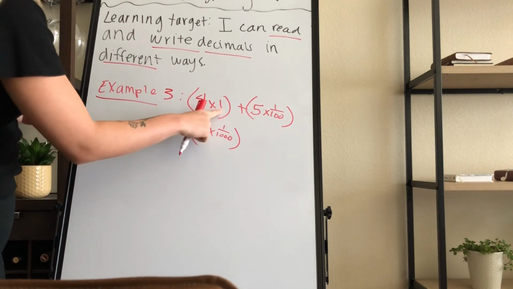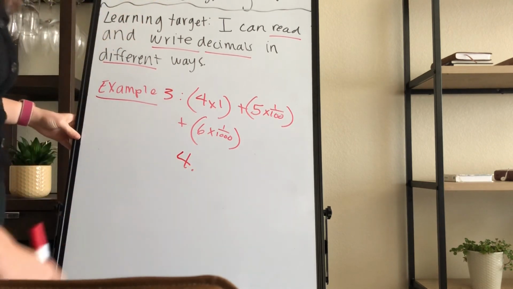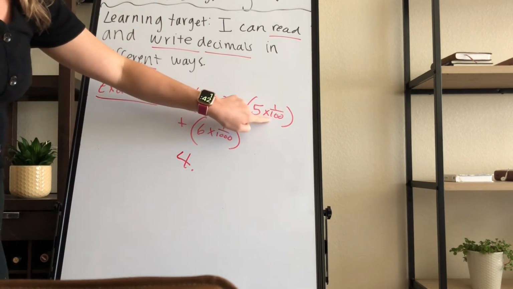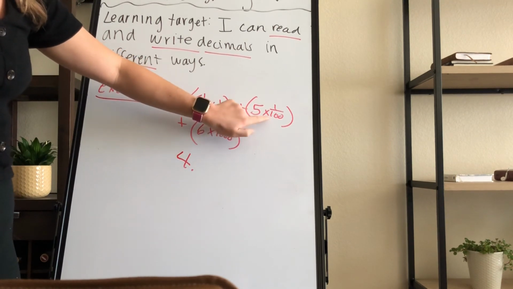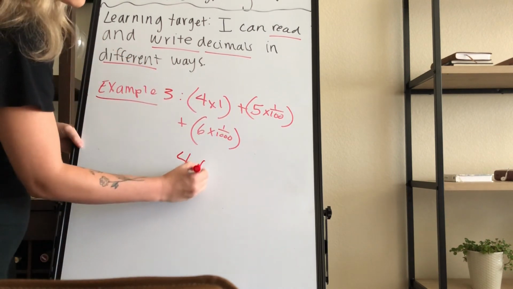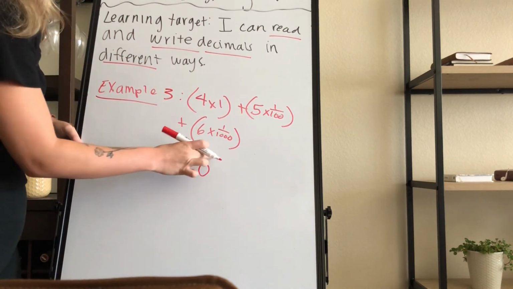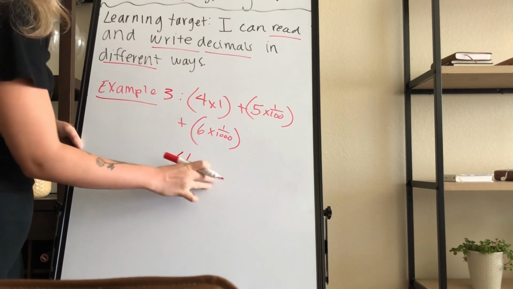We have our ones place right here and we have our 4. Let's write a 4 right here. Decimal. Our fraction over here is 1 over 100. That means we do not have a tenths place. What do we do if we don't have a place value number? We just add a 0. We call that the placeholder.